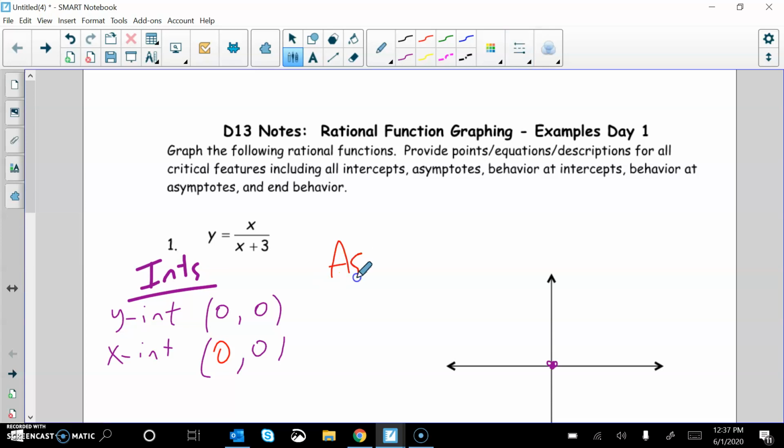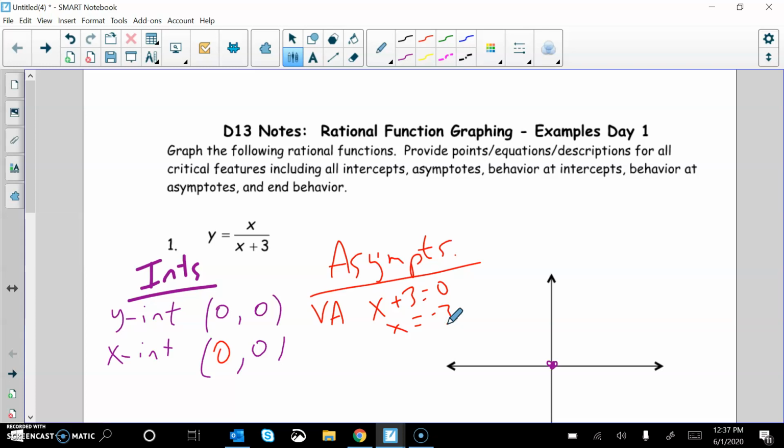Asymptotes. All right, so we have our vertical asymptotes. To solve that, you set your denominator equal to 0 and solve for x. If it's quadratic, you'll have 2 of them.